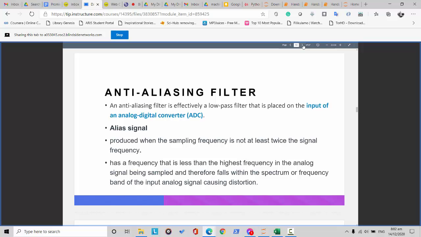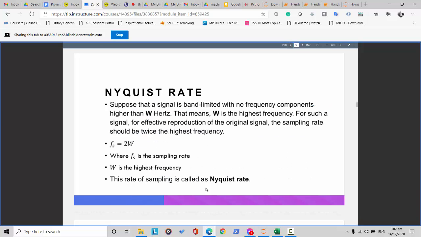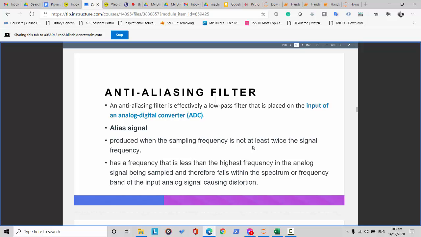Before we understand the anti-aliasing filter, we need to understand what an alias signal is. An alias signal is produced when the sampling frequency is not at least twice the signal frequency. The Nyquist rate tells us that the sampling frequency is twice the highest frequency, right? So if the sampling frequency is not at least twice the signal frequency, that's going to be a problem.